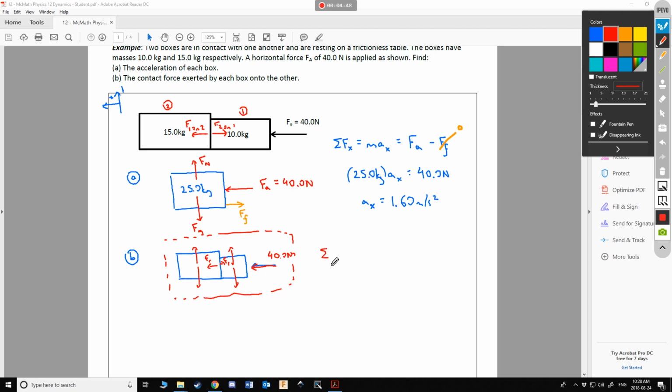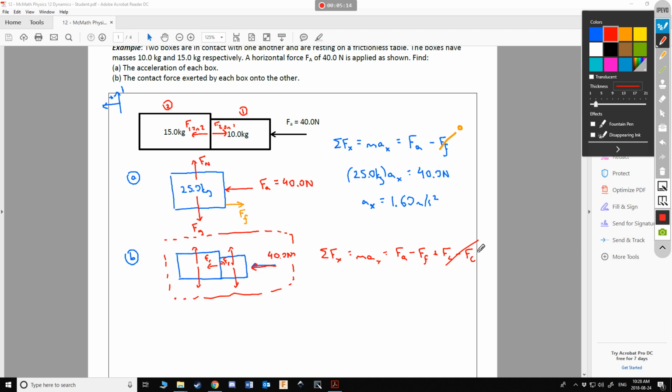The sum of the forces in the x direction is mass times acceleration in the x direction, equal to force applied minus force of friction, but there's also that contact force. Notice how one of the contact forces is pointing to the left and the other is pointing to the right, so they just cancel out when we look at the whole system. So if we look at the whole system, we can't solve for those individual forces.